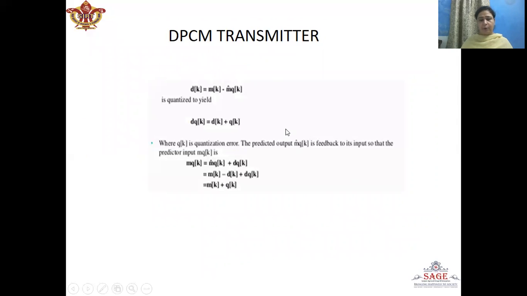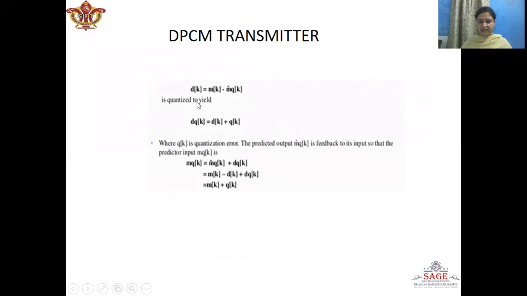So, the important equations which are considered in the DPCM transmitter are discussed here. As shown in the block diagram, dk is the difference between the present sample mk and the previous predicted value m cap k. Now, dk is quantized to generate dqk.